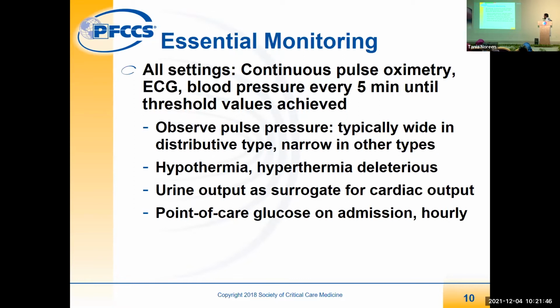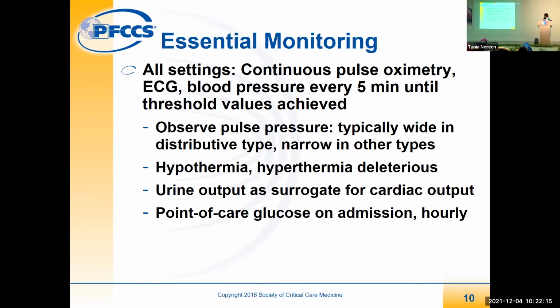So during resuscitation, we are monitoring whether our resuscitation is helping the patient or not. So it's continuous ECG monitoring we are doing every day in our ICUs. Blood pressure every 3 to 5 minutes, so it needs to be continuously observed. Pulse pressure is important. If there is peripheral vasodilatation, like in patients with shock, the pulse pressure will be increased.